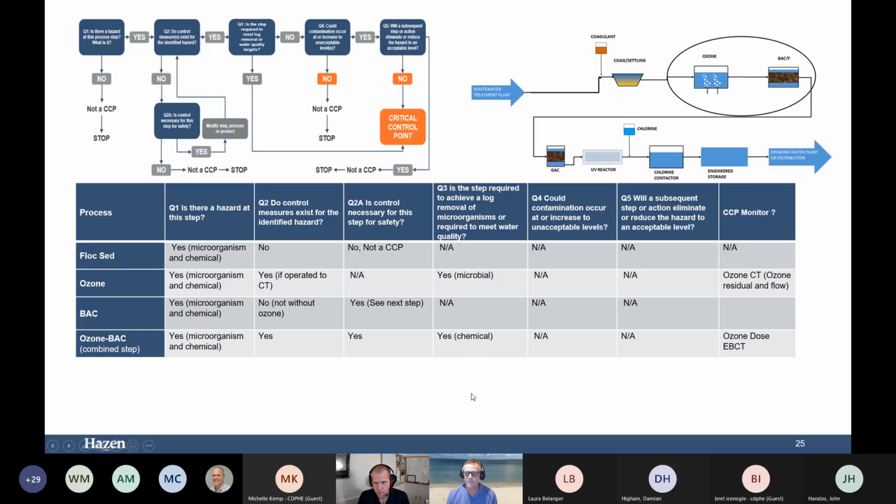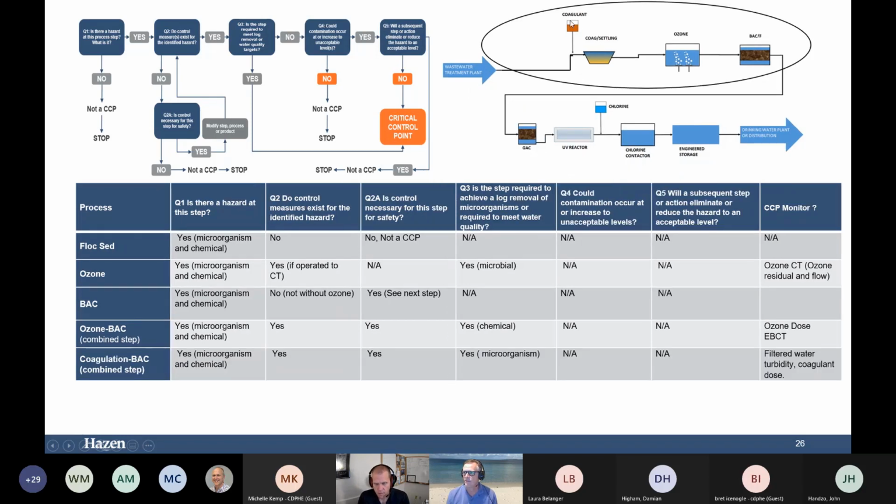In the same vein, if I then combine the floc-sed with the BAF, the ozone just happens to be in the way, then yes, similar to the way we would accept it for the surface water treatment rule, that combination of floc-sed and filtration can give us some microorganism removal. So combining processes together as a combined barrier is an approach that we can take in developing our critical control points. And what are our monitors? Well, turbidity, perhaps our coagulant dose going into that treatment process.